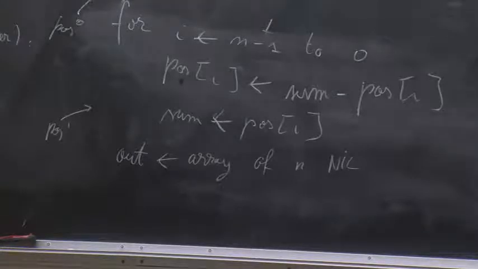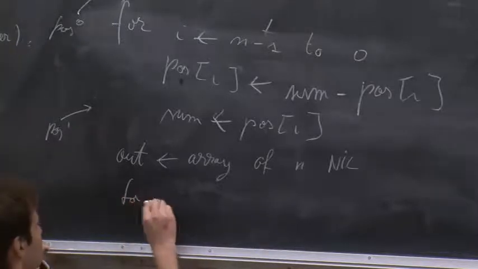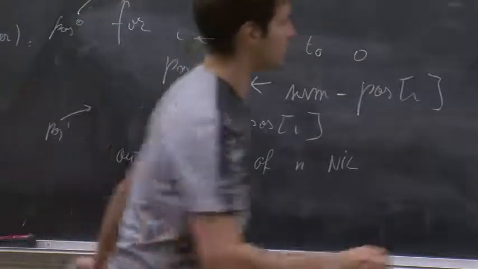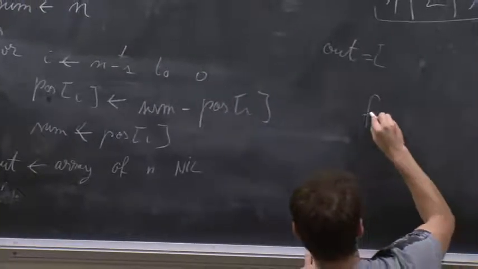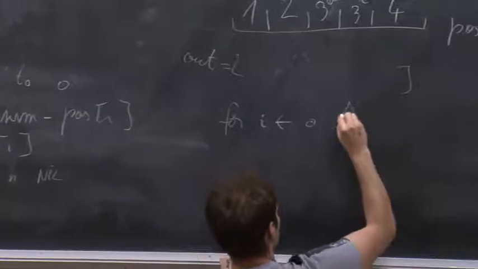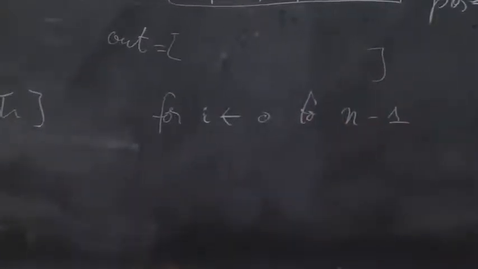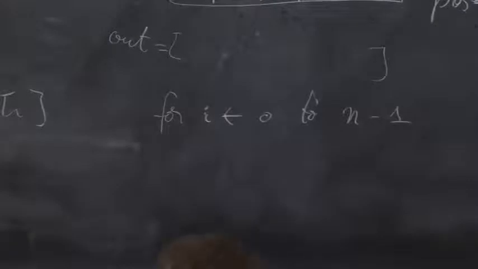Iterate over A. Very good. For I in A, for I from 0 to n minus 1. Okay. What do I do?